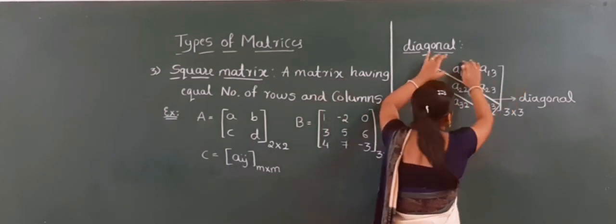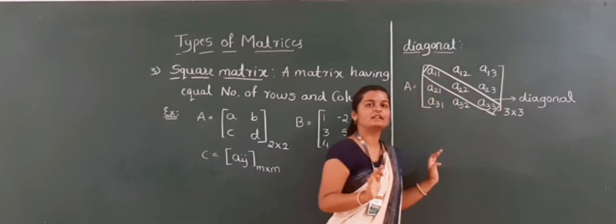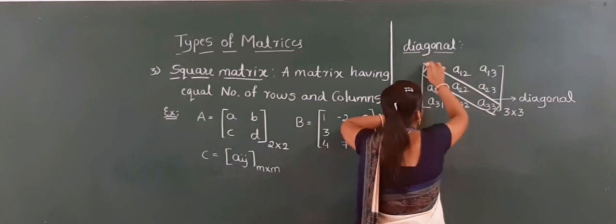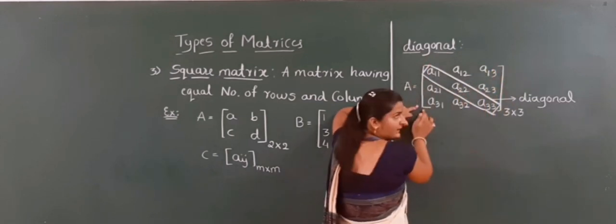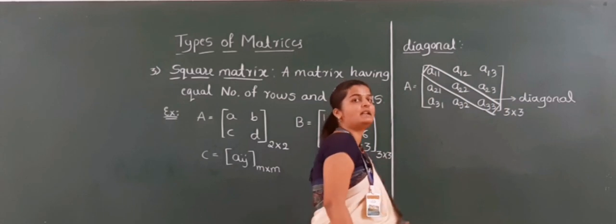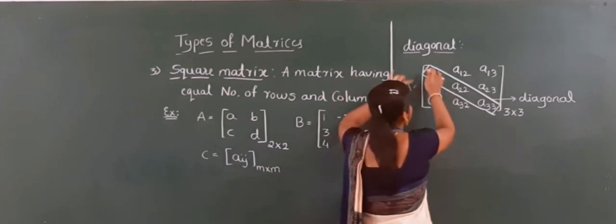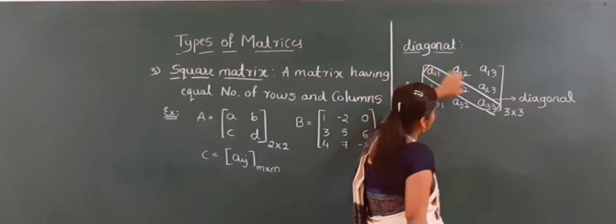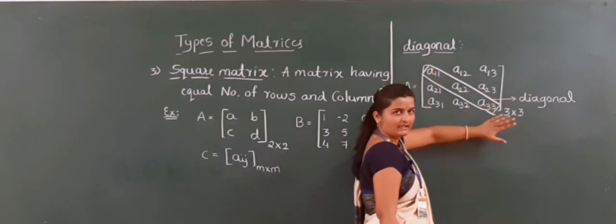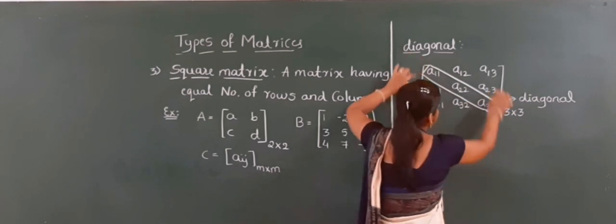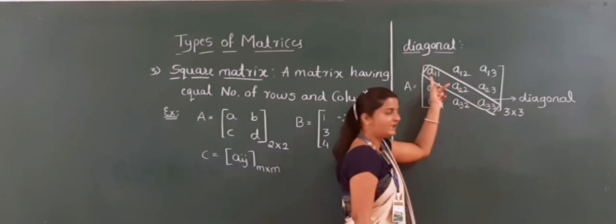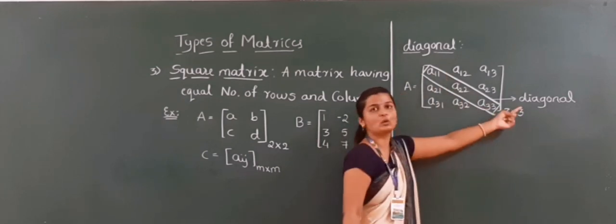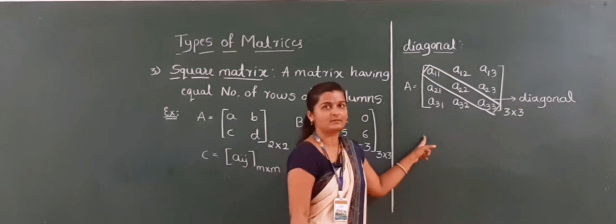Just imagine this is a square. You know that in squares we can draw diagonals, like this one and this one. There are two diagonals in a square shape. But in a matrix, we consider this first diagonal as our principal diagonal, and we consider only this as the diagonal. Understanding? Okay. So in any matrix, from the left side top to the right side bottom, draw a line. This is known as the diagonal of this matrix.